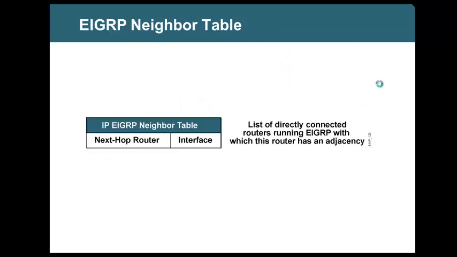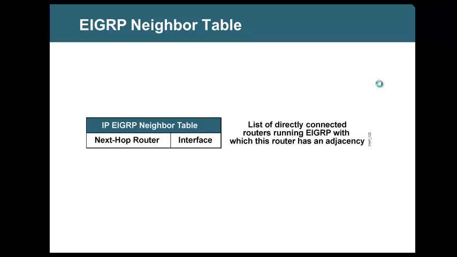EIGRP maintains three tables. One is the neighbor table, where you will have the neighbors with whom the hello packets are shared and received, updates are shared and received, and adjacency is formed.